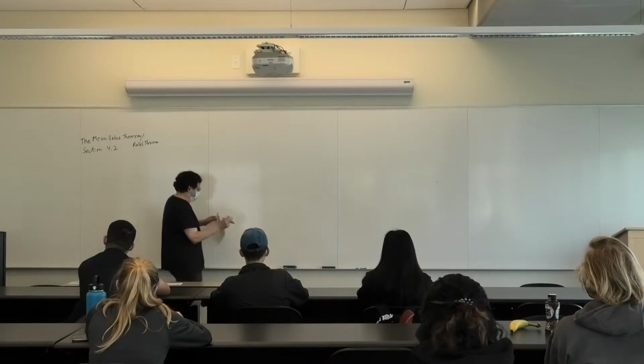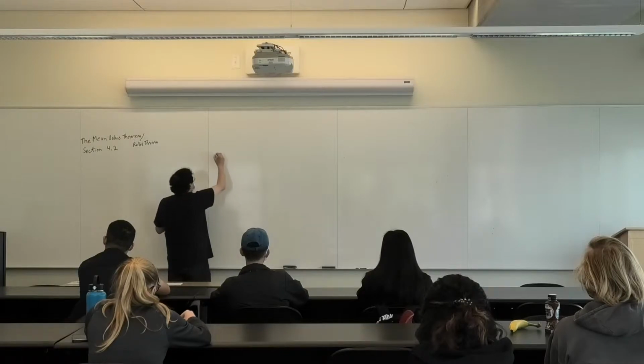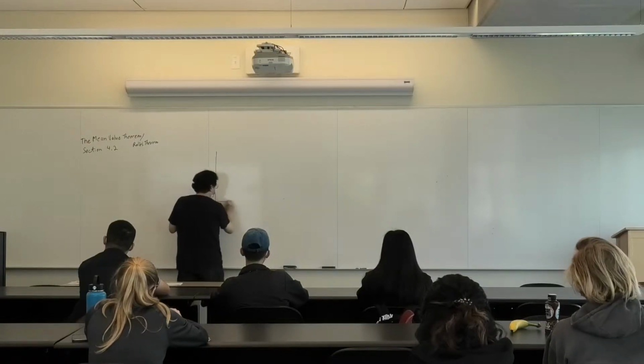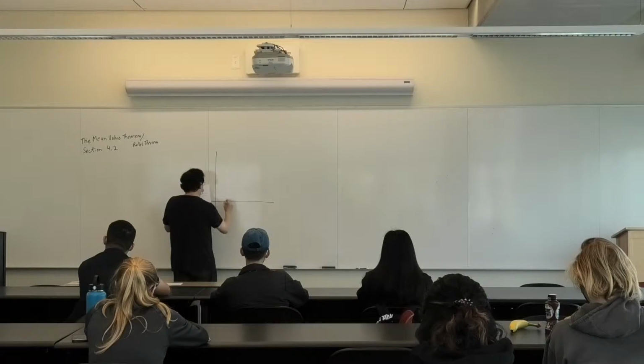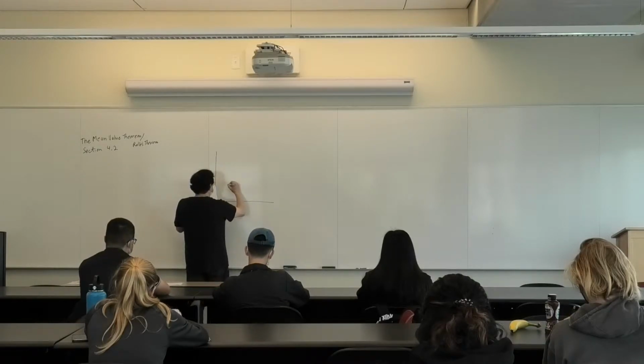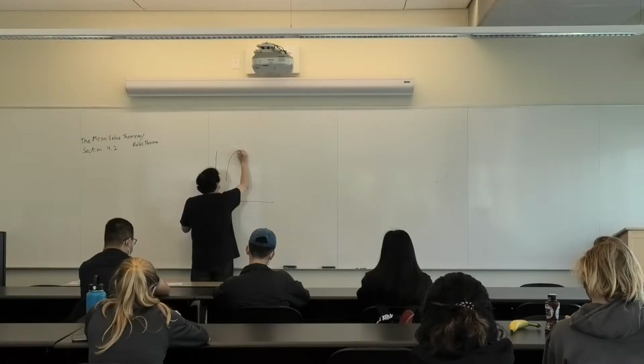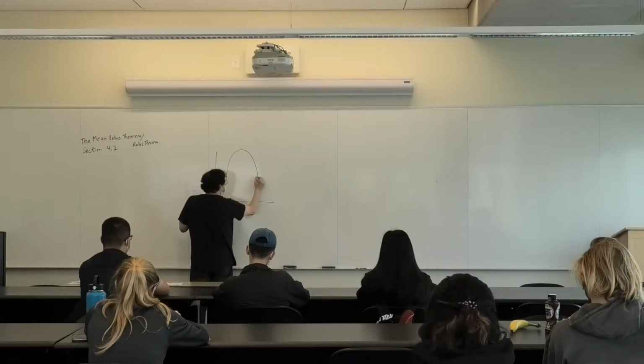Rolle's theorem is, I'm going to do it pictorially first, and then we'll get the details. You have some function. You can make it look like a parabola.